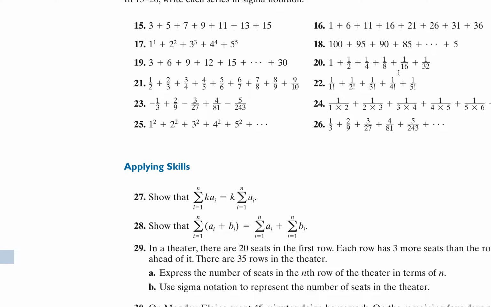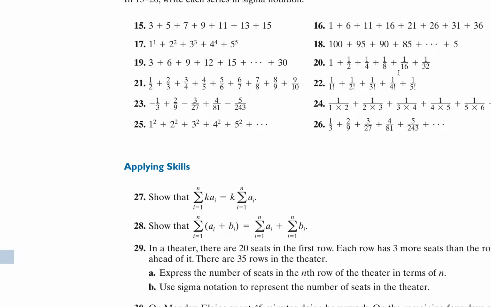There is another pattern: the numerators are increasing, starting from 1, then 2, then 3, 4, 5, and so on. So think about the formula.